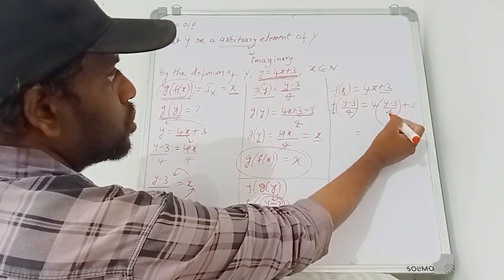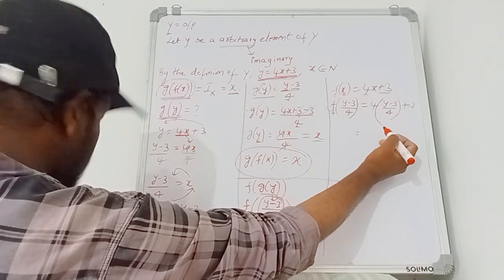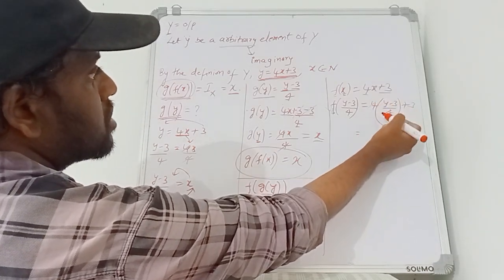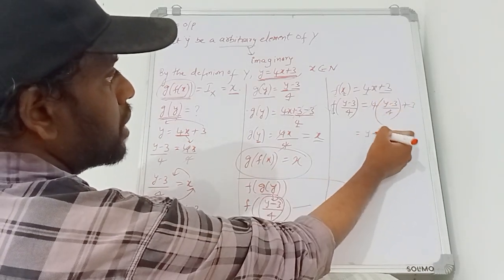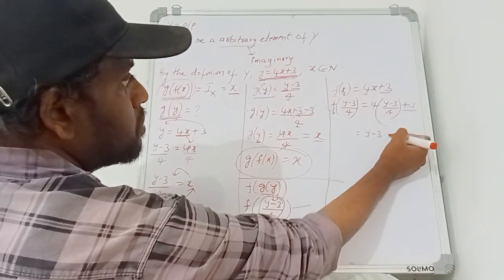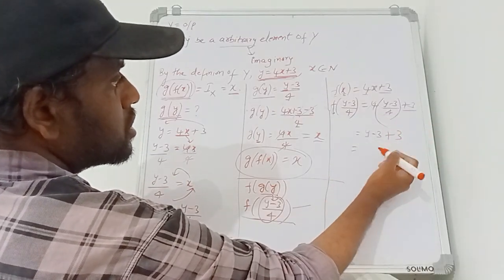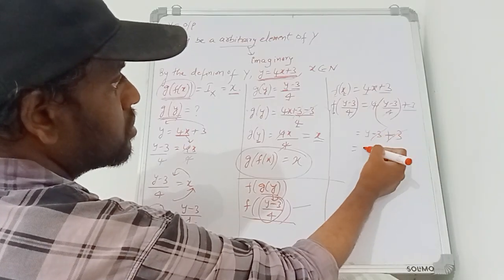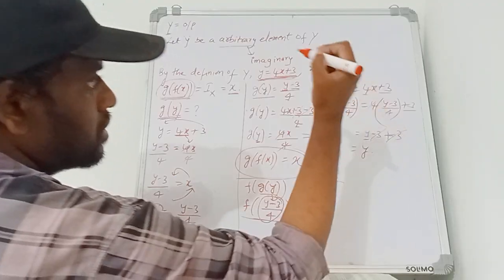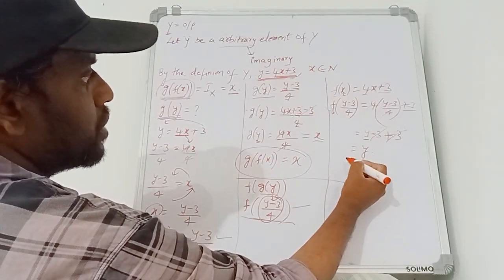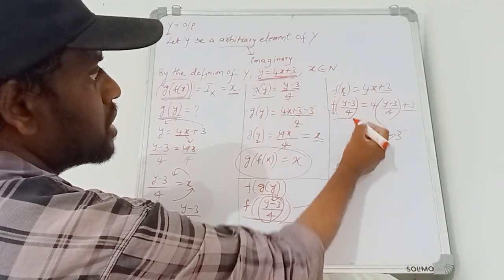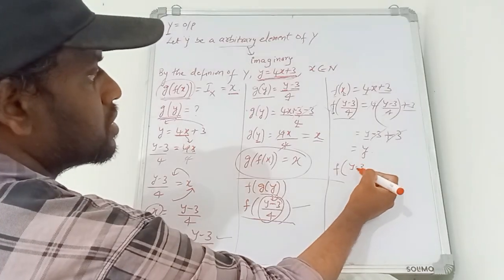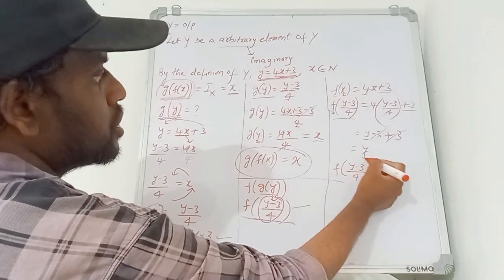Now that is equal to, this 4 cancels out. We are left with y minus 3, this plus 3. That is equal to minus 3 plus 3 becomes 0, so it cancels out. So we are left with y. So we got f of y minus 3 by 4 is equal to y.